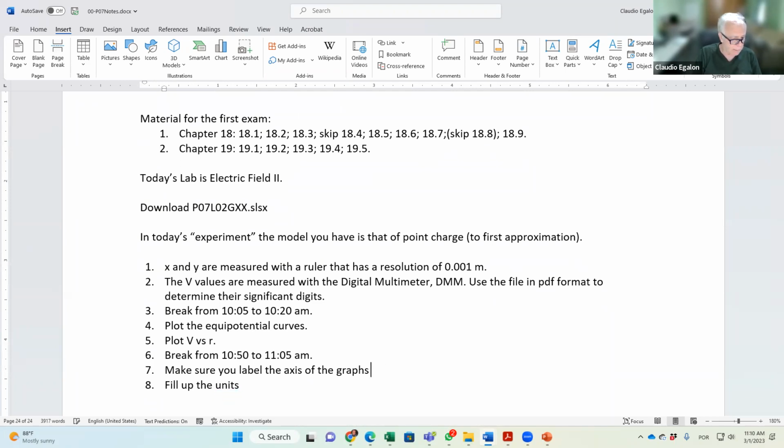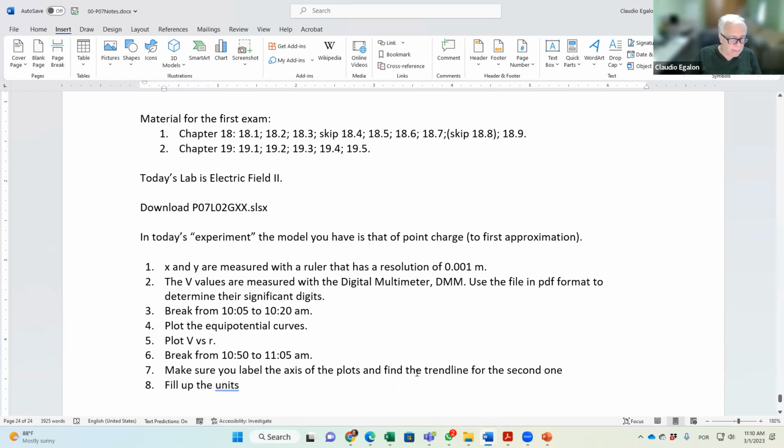And find the trend line of the plots for the second one. Okay.